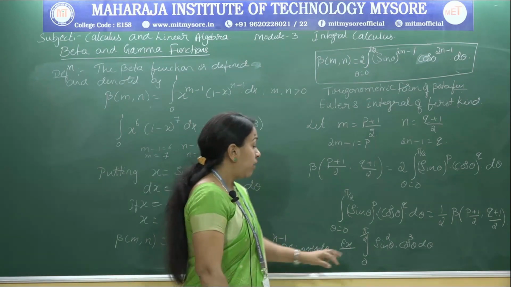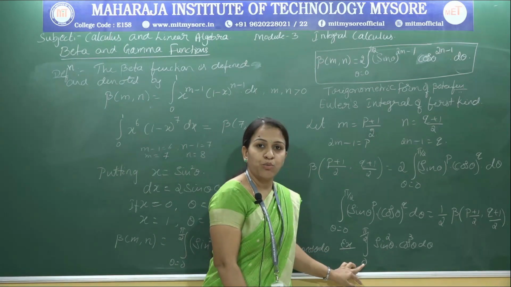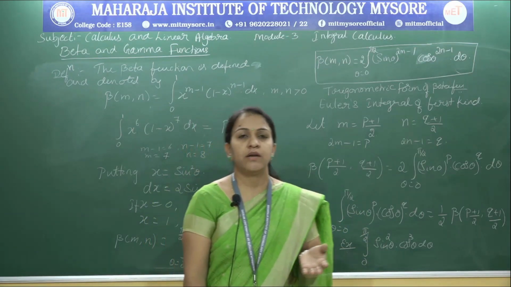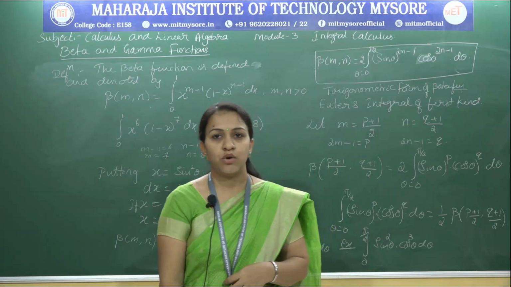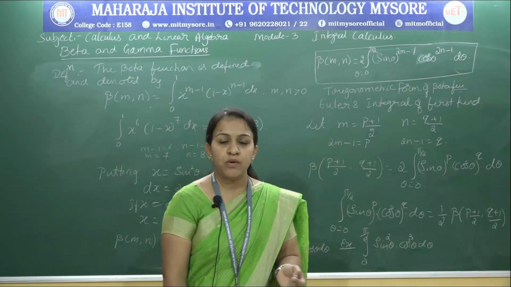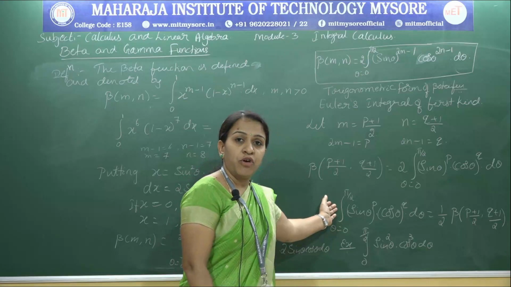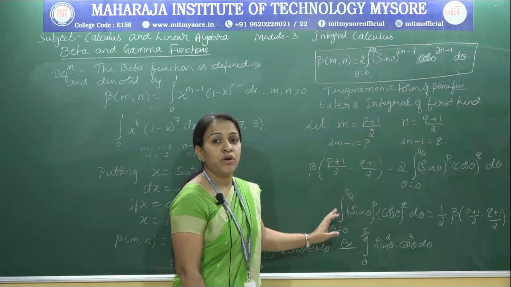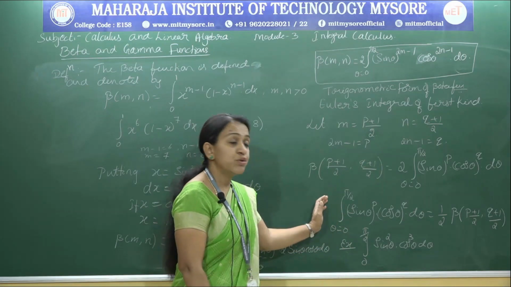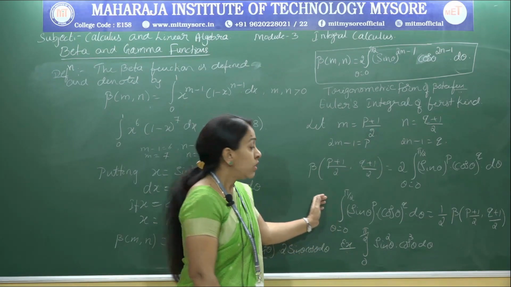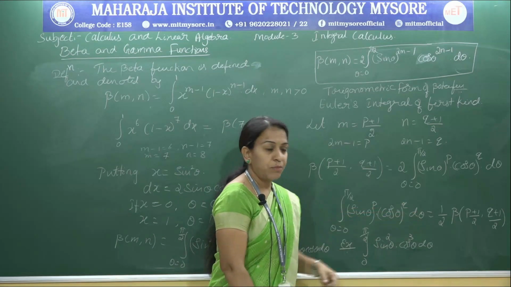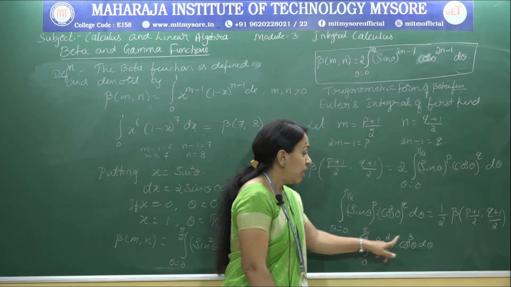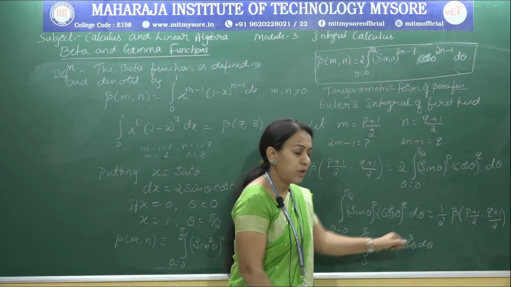If the theta limit is not between 0 to pi by 2, but you are able to reduce it to 0 to pi by 2, first you should reduce and then we can use the same formula, right? If you don't have the limit between 0 to pi by 2 and you are not able to reduce, then you are not supposed to use the formula, okay? Then I can write directly in terms of beta. In place of p we have 2, in place of q we have 3.